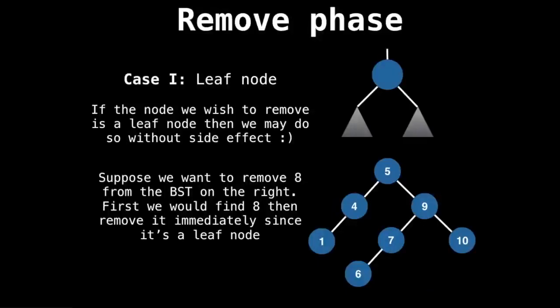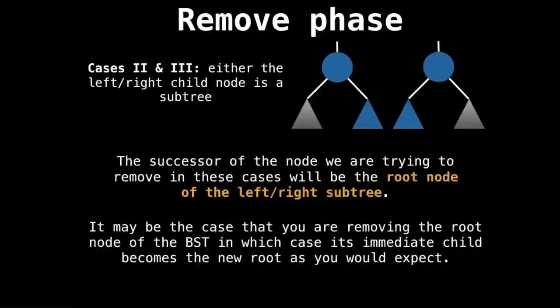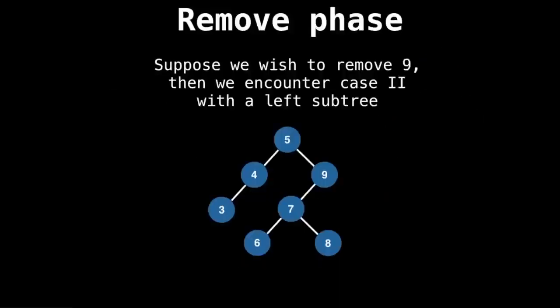Perfect, that wasn't hard. Now let's look at cases 2 and 3, meaning that either the left or the right child is a subtree. In this case, the successor of the node we're trying to remove is going to be the root node of that left or right subtree. Let's look at an example. Suppose we want to remove 9.